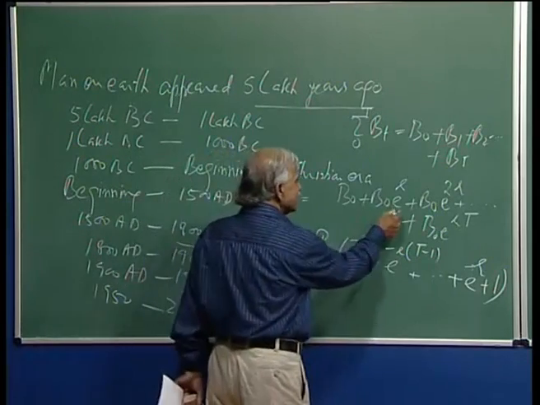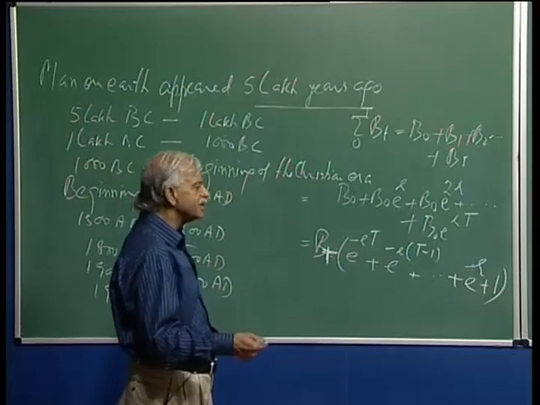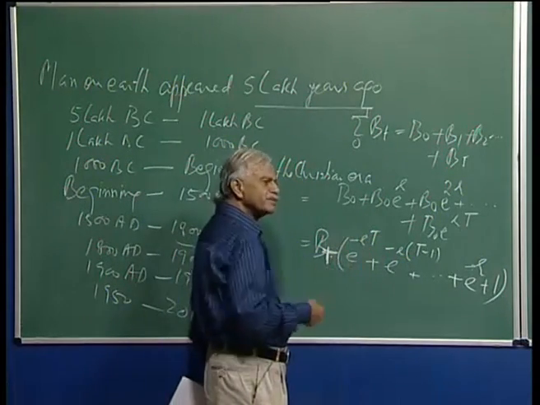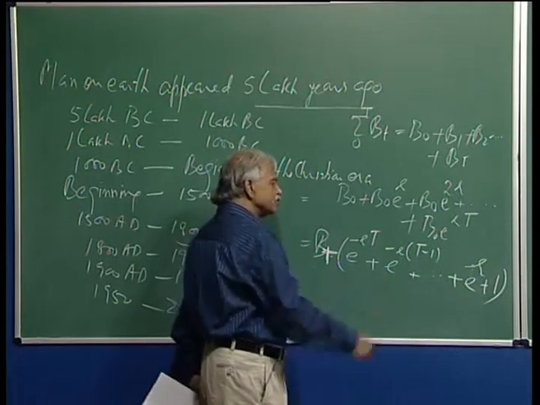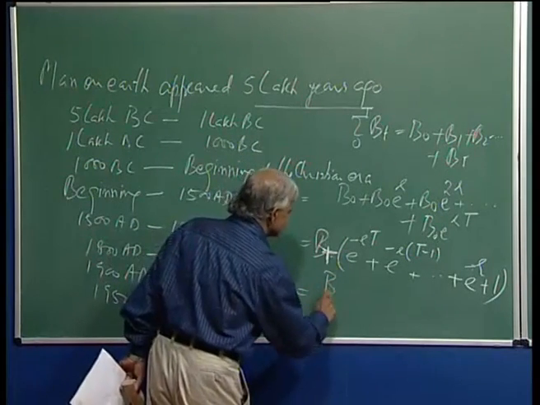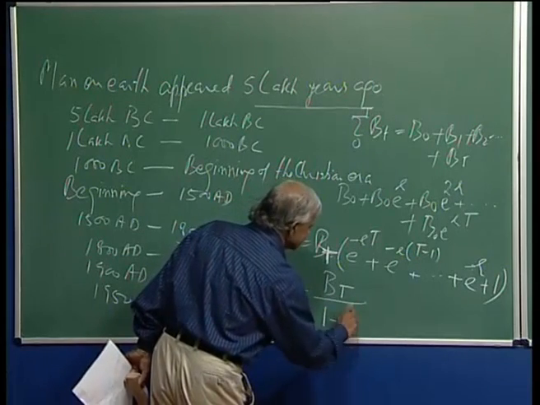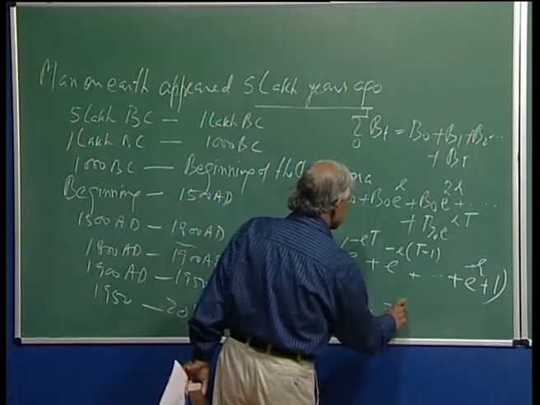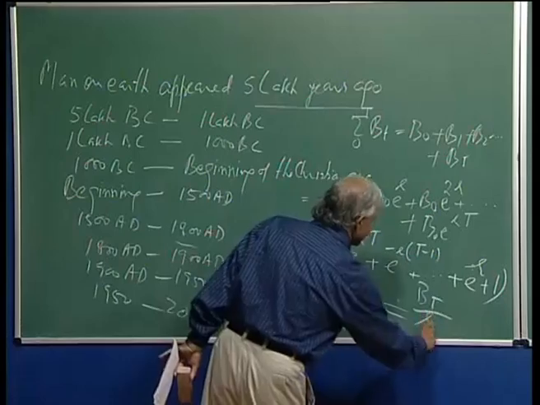Here these e raised to r, e raised to 2r, etcetera are all positive terms, and it is difficult for me to write the sum of this using a simple formula, while in this case, because these are all ratios, it is possible for me to simplify the matter, and this becomes B capital T divided by 1 minus e raised to power minus r, or approximately equal to B capital T divided by r.